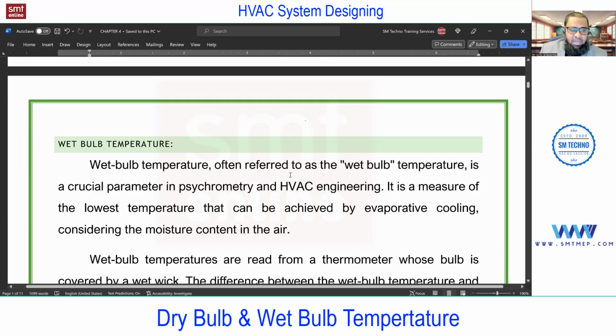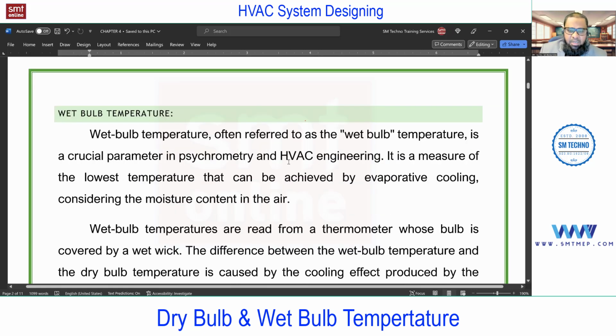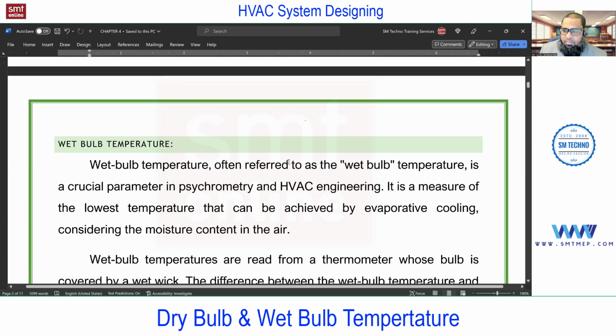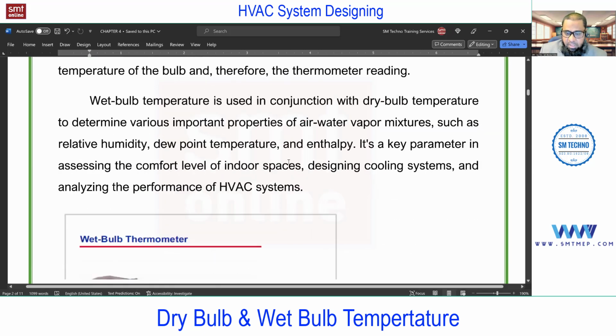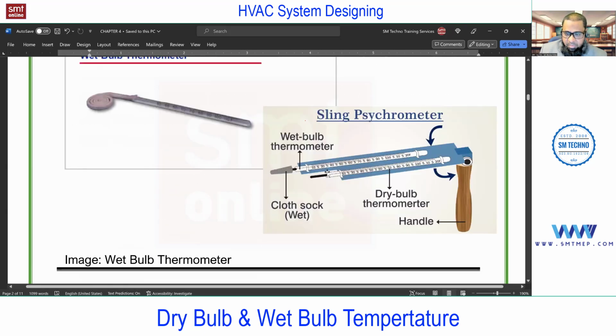Okay. Next, we have this wet bulb temperature. So you see, wet bulb temperature cannot be explained directly like dry bulb temperature because this is not the natural property of air. Dry bulb temperature is a natural property of air, right? But wet bulb is not a direct property of air. This is a temperature we get based on the sling psychrometer, or with the operation of the sling psychrometer.